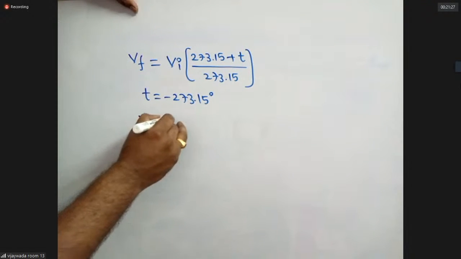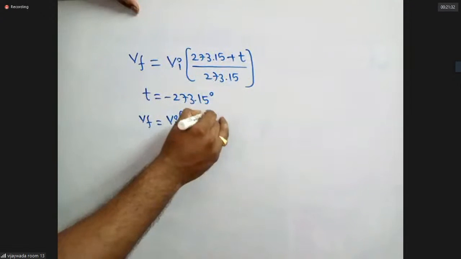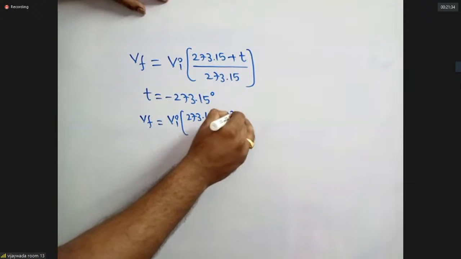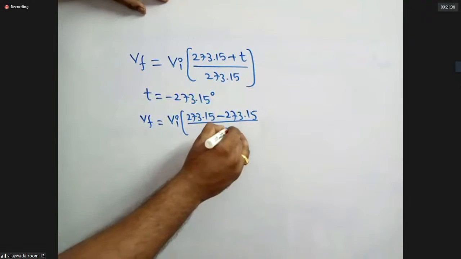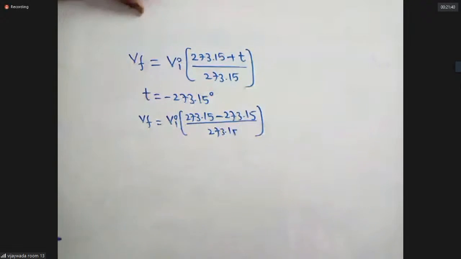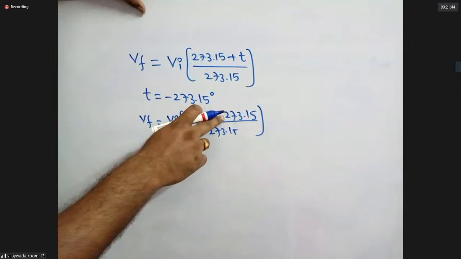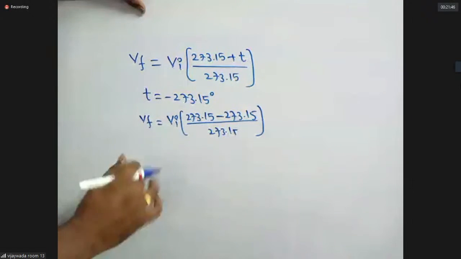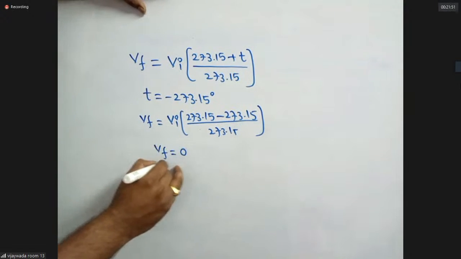V final equals V initial into (273.15 minus 273.15) by 273.15. 273.15 minus 273.15 is completely zero. So finally, V final is zero.